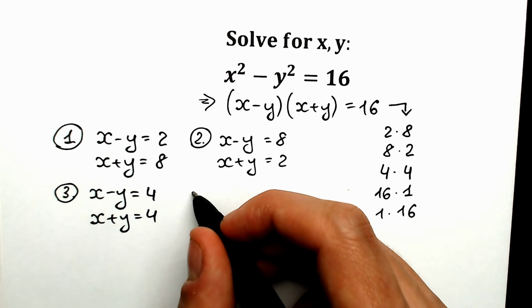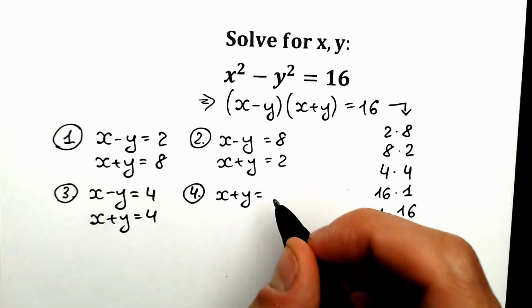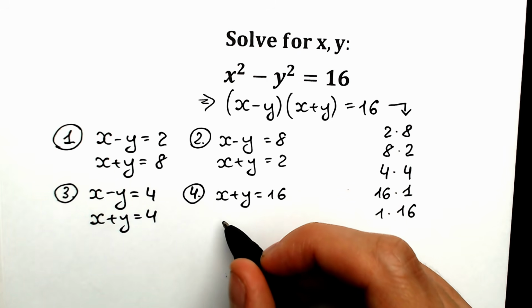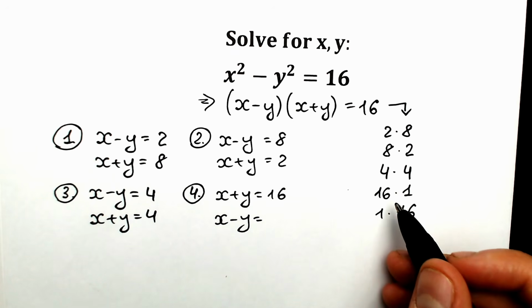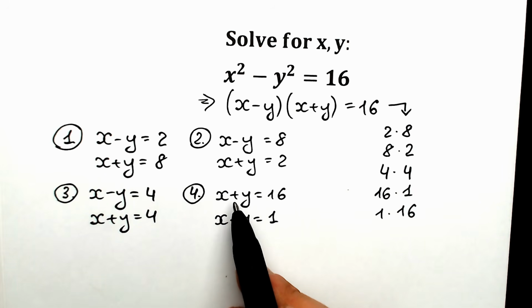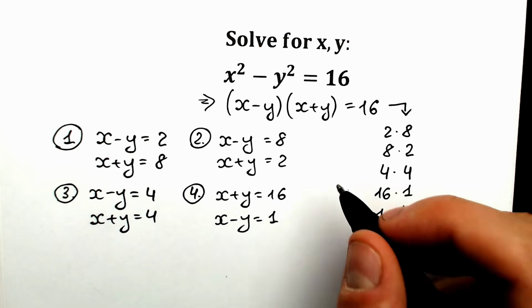And the fourth case: x plus y equals 16 and x minus y equals 1. Here I wrote the positive as the first equation, so we just need to change these signs to the opposite.